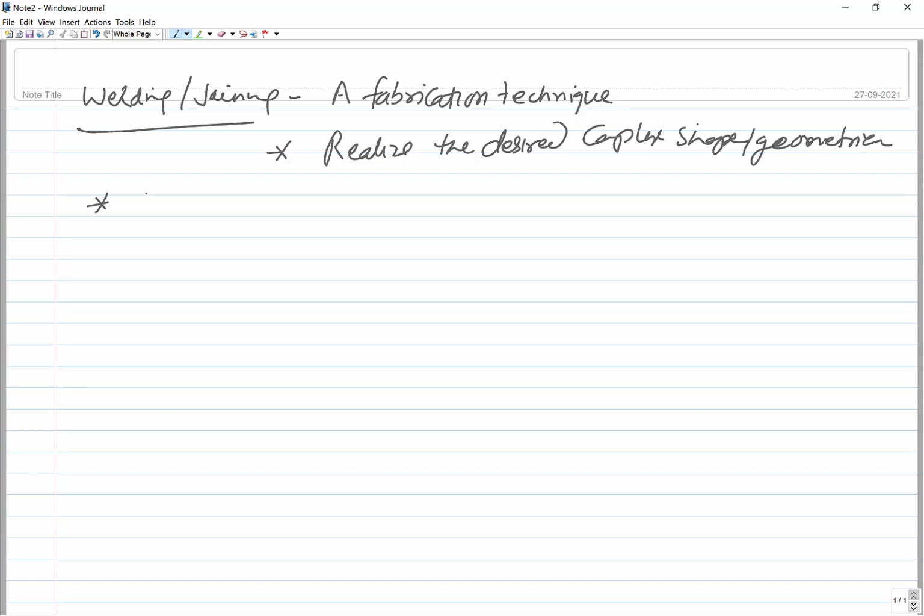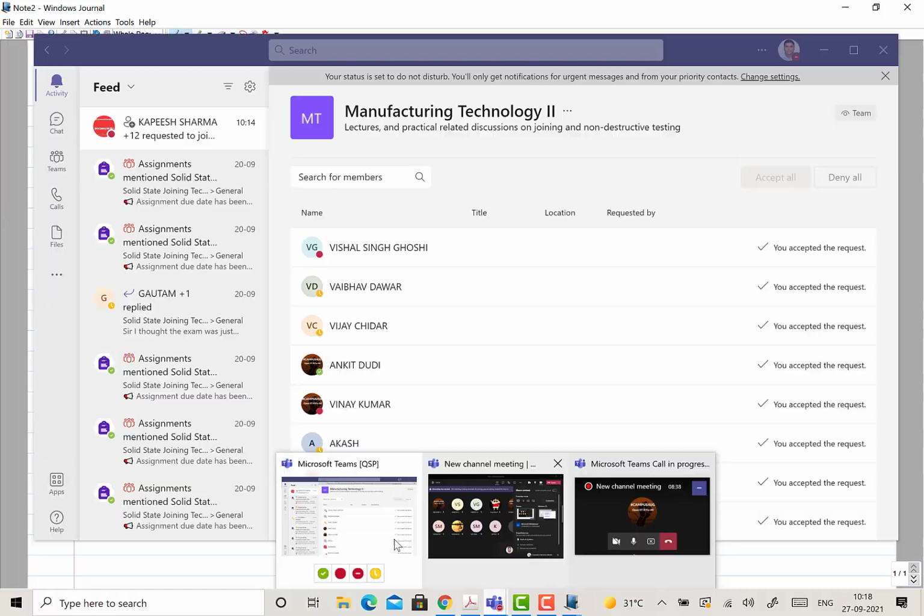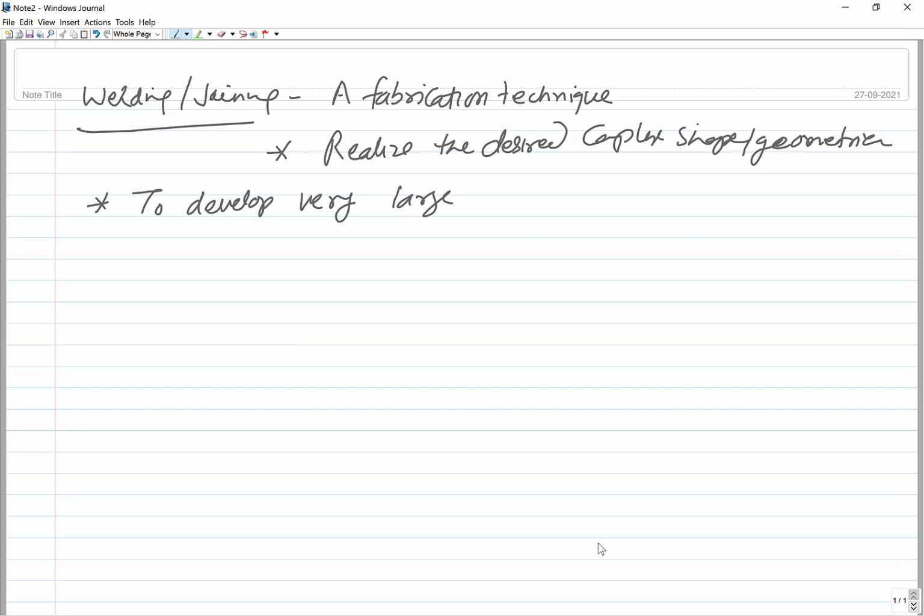So another major objective is to develop very large size systems.